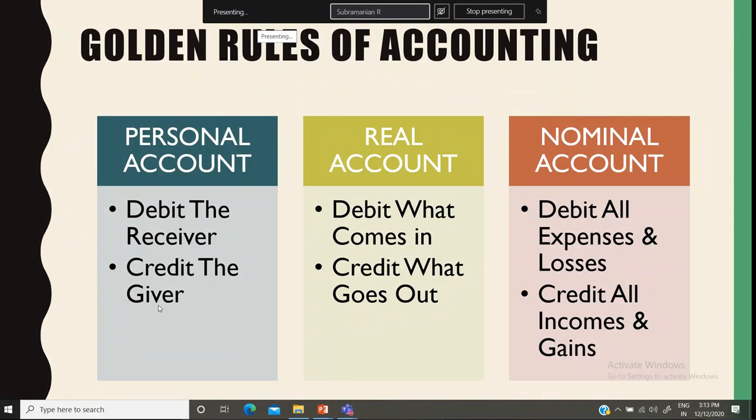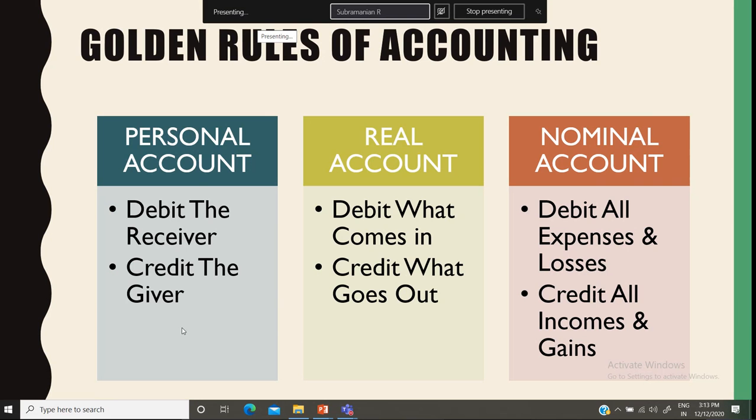Receiver means the one who is going to receive the benefit. Giver means the one who is giving the benefit. So the rule you have to adapt is debit the receiver, credit the giver.